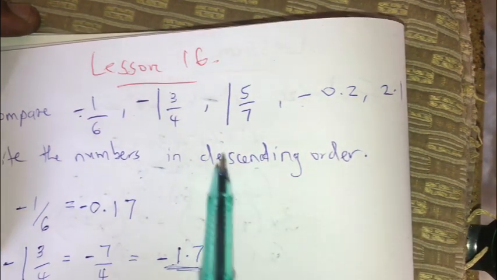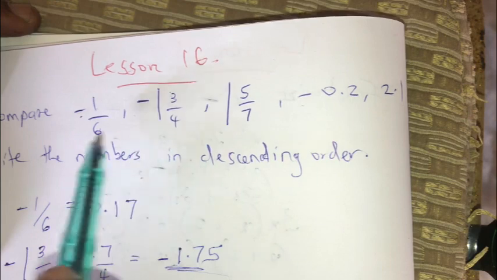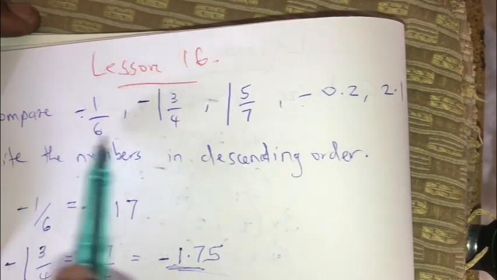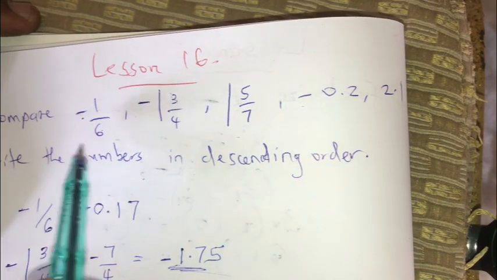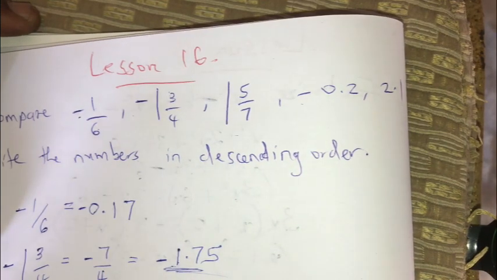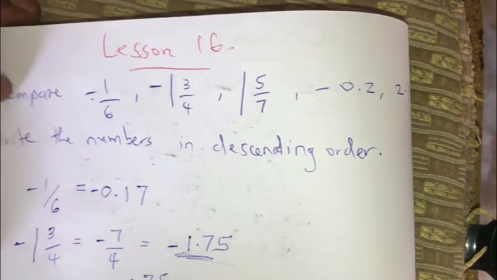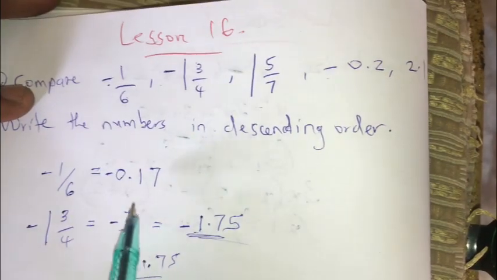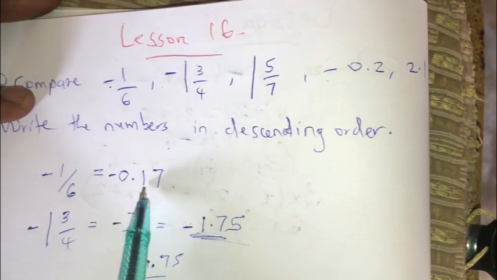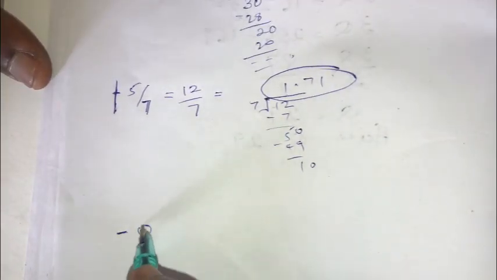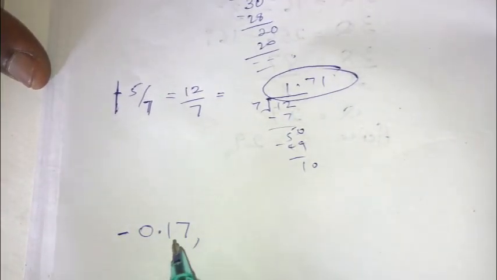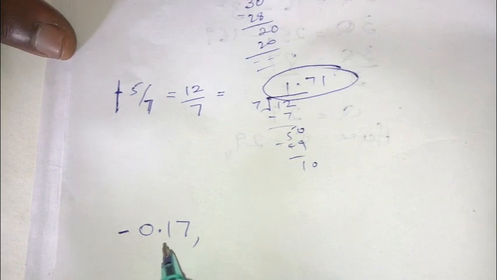So I've changed all these fractions to decimals. If we have all of them in decimals, we can now compare them easily. So now, what did we get for the first one? -0.17. Let me put all of them in one place. -0.17, then the second fraction, -1 3/4.